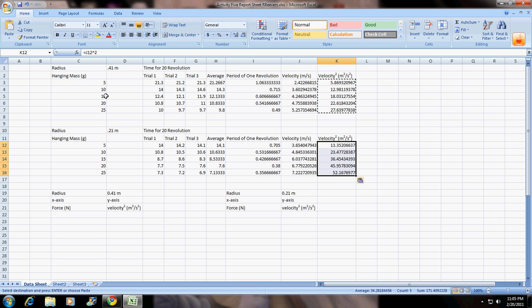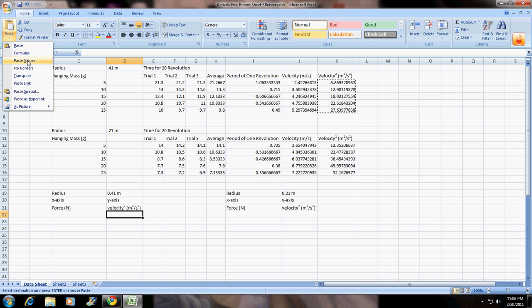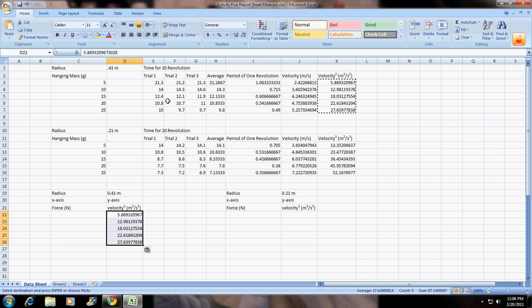And we want a graph with the force on the x and the velocity squared on the y. So I'm going to copy my velocity squared because I already have that. If I go to the first set of data, I'm going to copy this, and here on the y-axis for velocity squared, I am going to paste this as values.